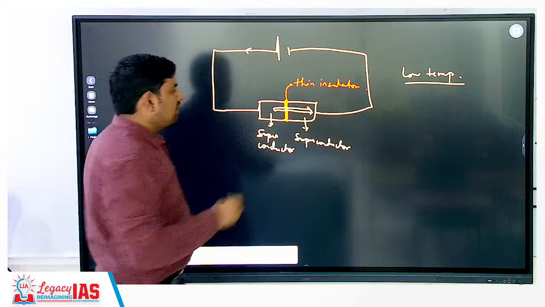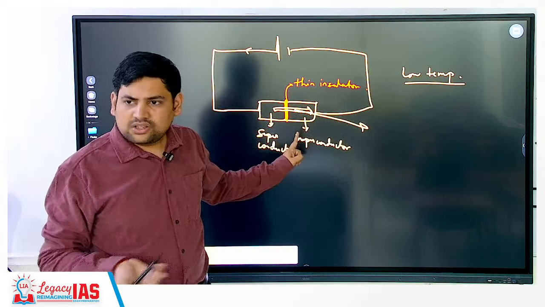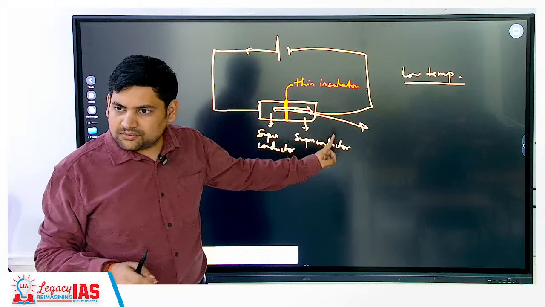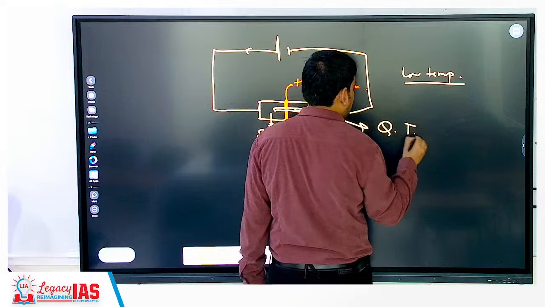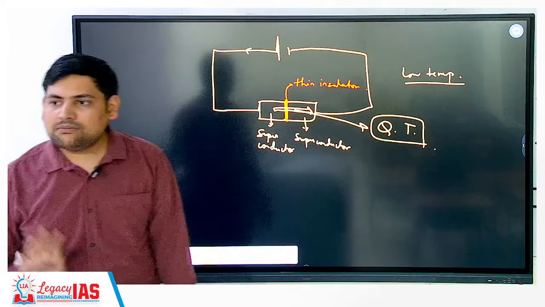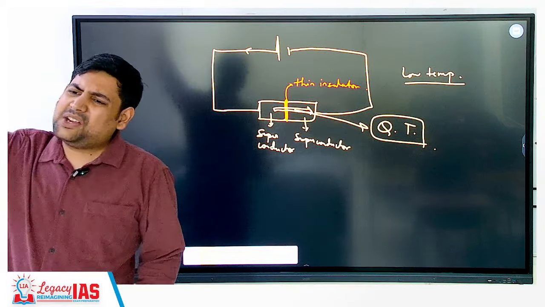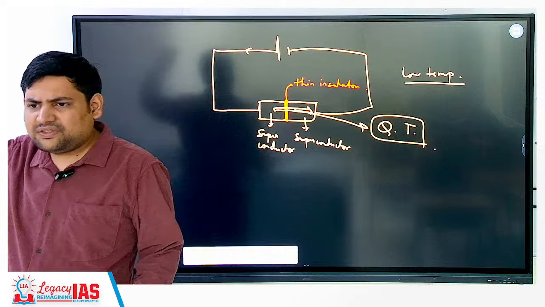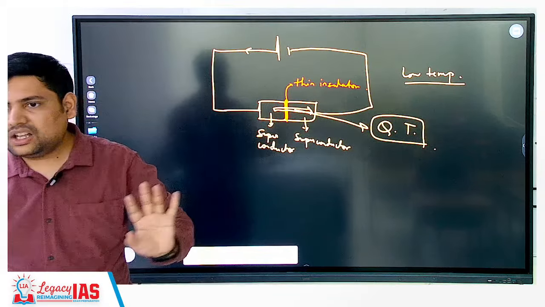How can this happen? If this is a perfect insulator, it should not have been possible, but it is possible because there is quantum tunneling. Before this experiment, quantum tunneling was shown only in very microscopic particles in some conditions in the lab.